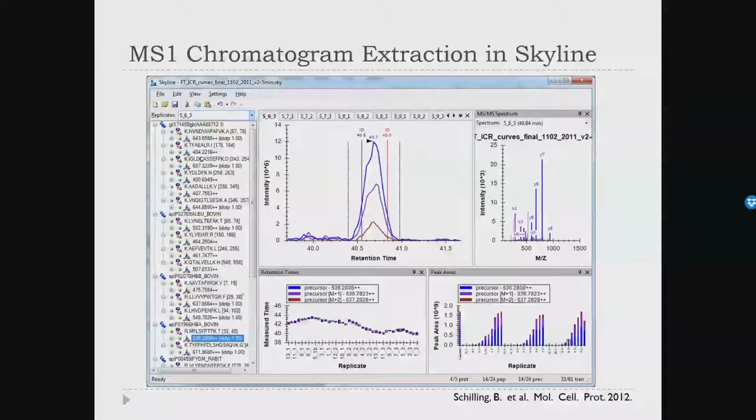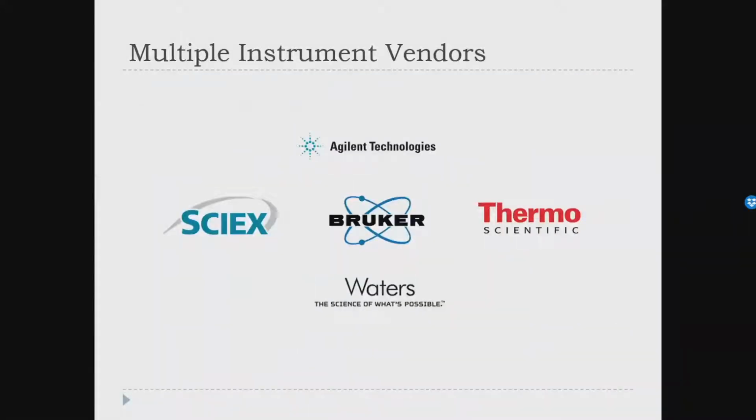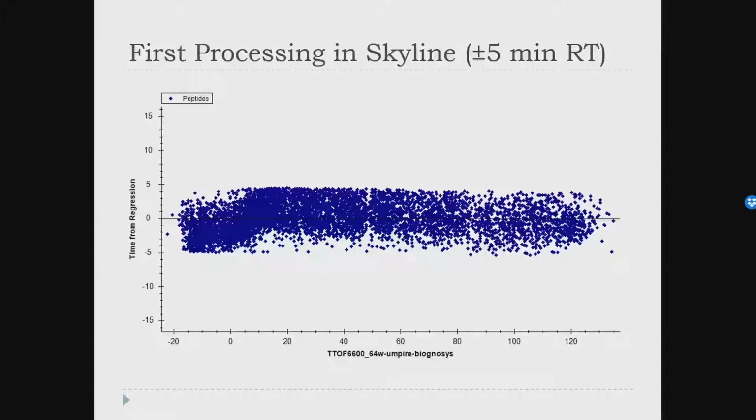So it's a response curve or a calibration curve experiment. This is very, very telltale. It's sort of stair-stepping down, and then it's 3 cycles, so measured in triplicate. Skyline will do this for any one of these 5 instrument vendors, and soon to add Shimadzu.